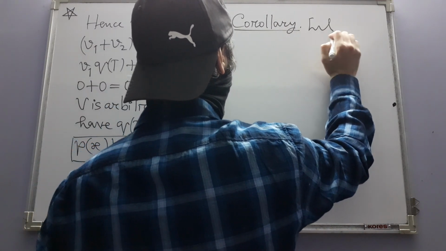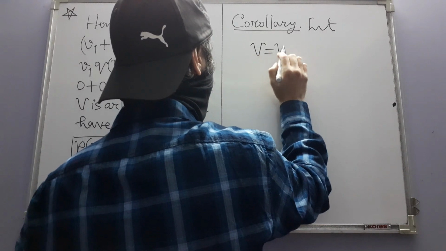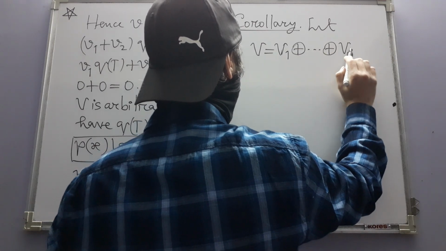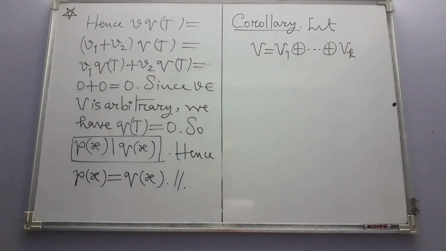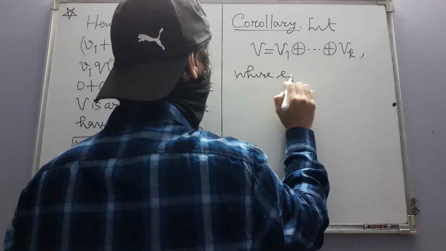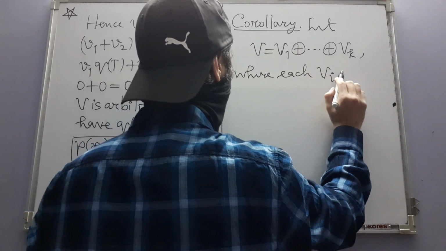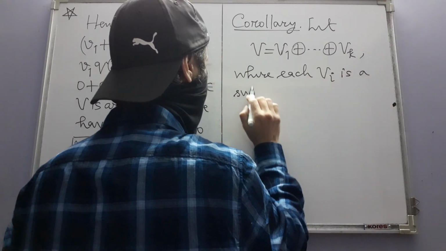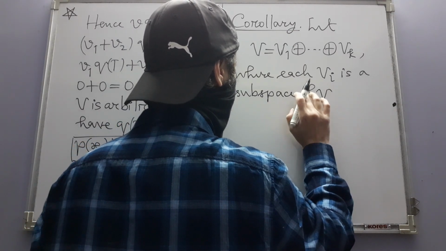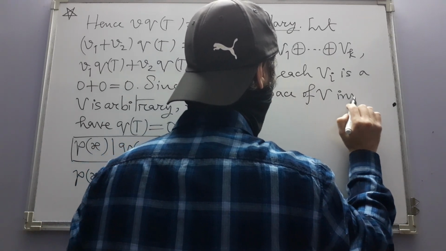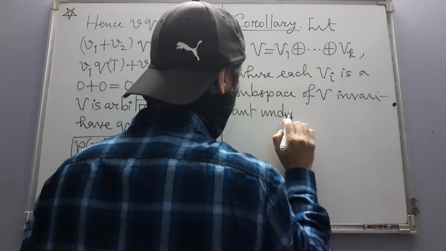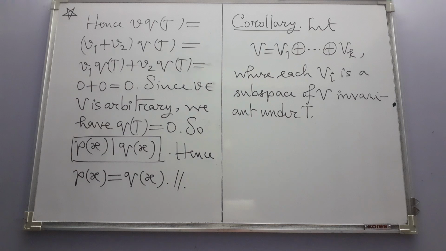Let V be the direct sum of a number of subspaces where each Vi is a subspace of V invariant under T.